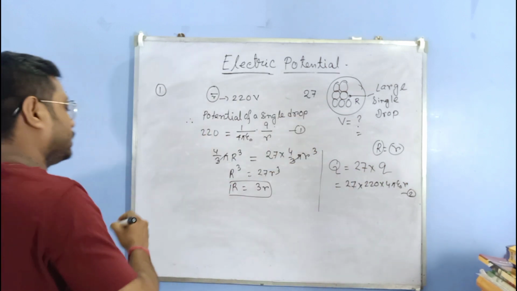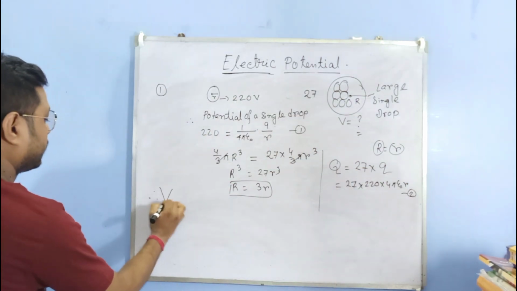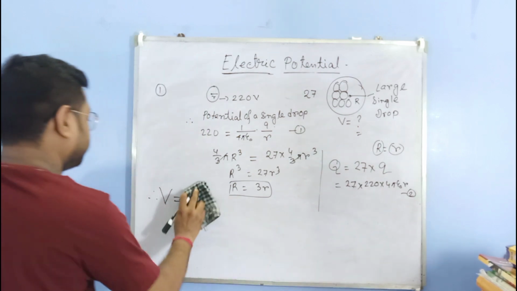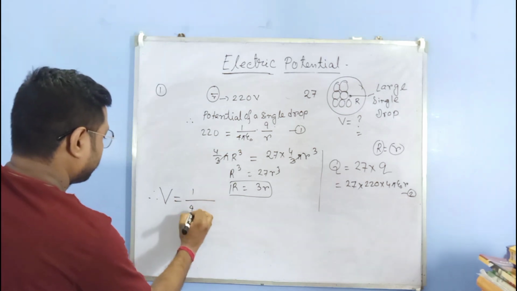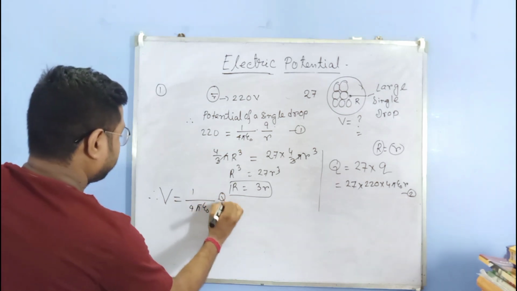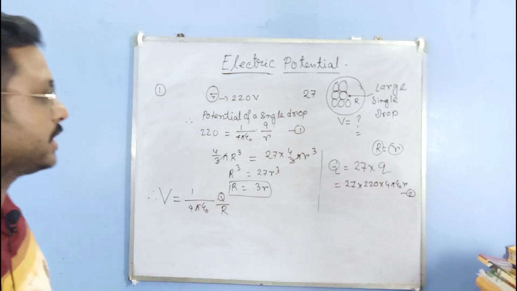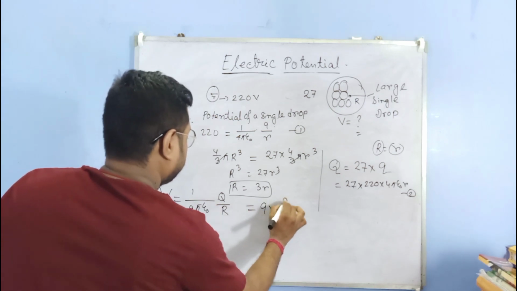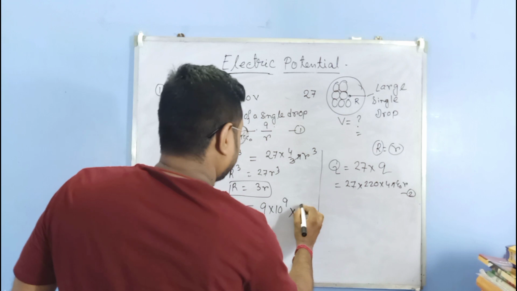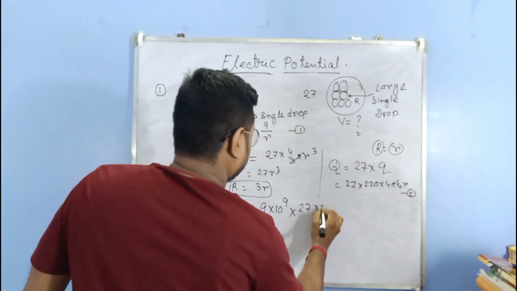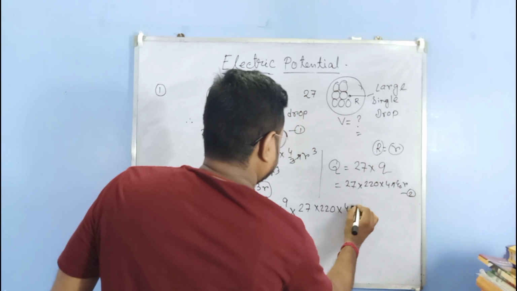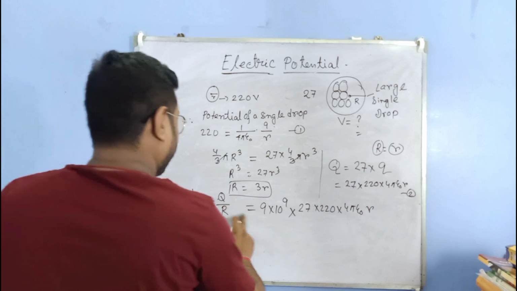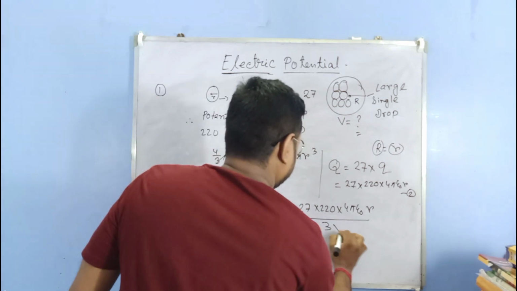Number 2 equation. So we have to find one by 4 pi epsilon naught into capital Q by capital R, which is the potential of this large drop. So we get 1 by 4 pi epsilon naught, 9 into 10 to the power 9, into capital Q, which is 27 into 220 into 4 pi epsilon naught small r, divided by capital R. Capital R is 3 into small r.